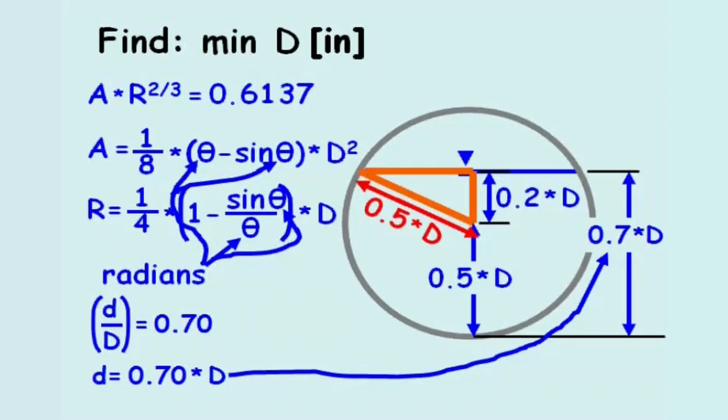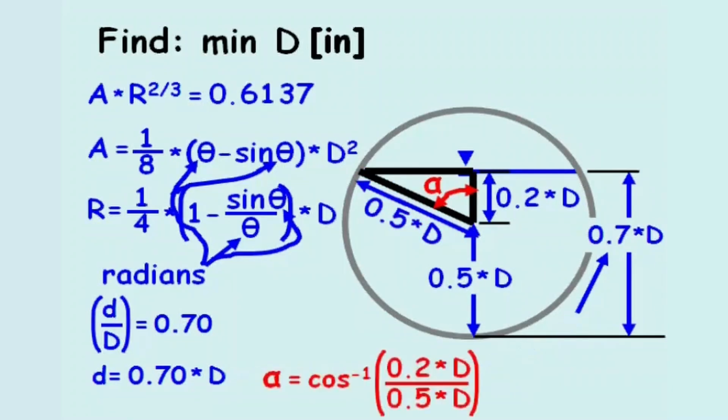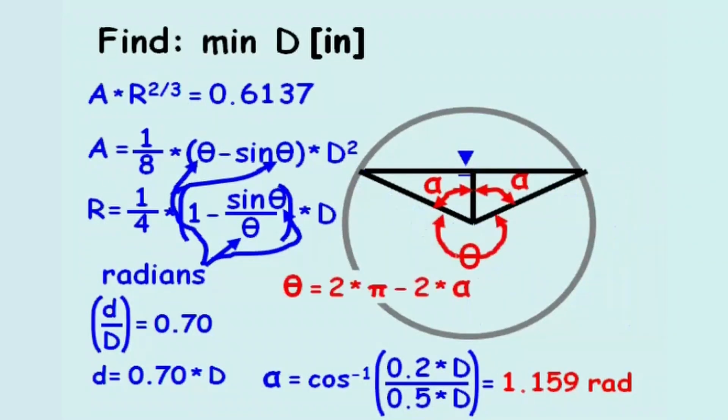Knowing this is a right triangle, the angle defined as alpha equals the arc cosine of 0.2 times D divided by 0.5 times D, which equals 1.159 radians. From the diagram, we observe theta equals 2 pi radians minus 2 times alpha, or theta equals 3.964 radians.